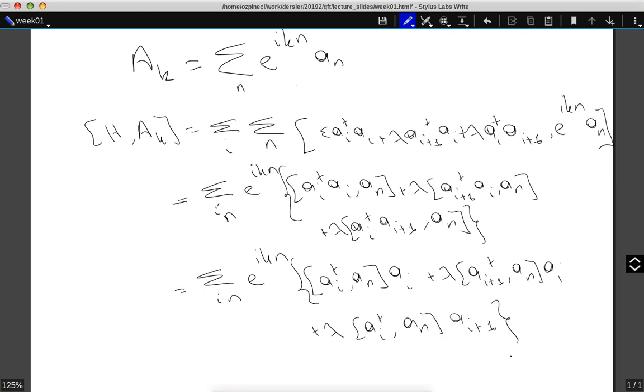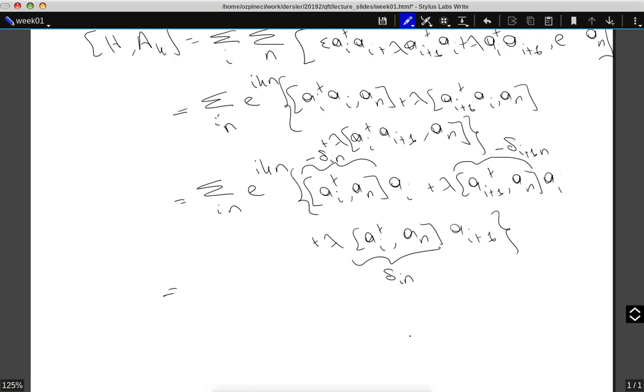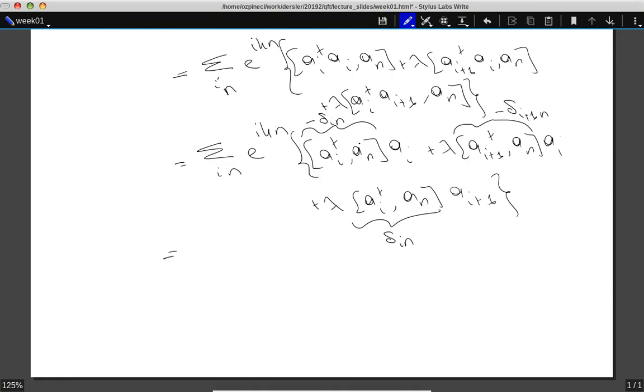Now let's continue. This is nothing but minus Kronecker delta i n. This is minus Kronecker delta i+1 n, and this is Kronecker delta i n. I can use these Kronecker deltas to sum over i. So it leaves me the sum over n of e to the power i k n. No, this is also minus.